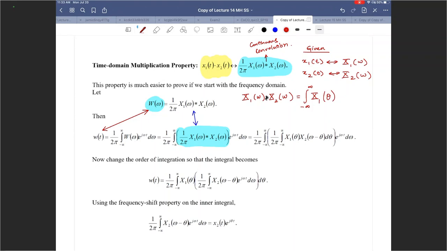And then the other signal, which was h of t minus tau, now it's going to be x2 of omega minus theta, d theta. So all of that, along with the 1 over 2 pi factor, is written over here. And then the other pieces are as is, right? This piece here and this piece here is the same.